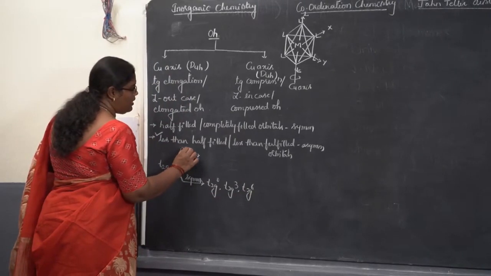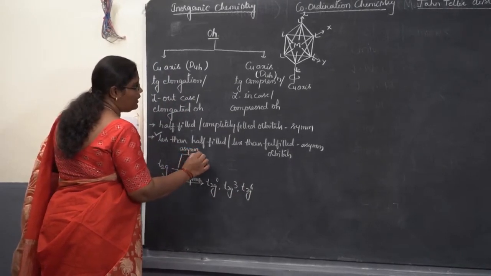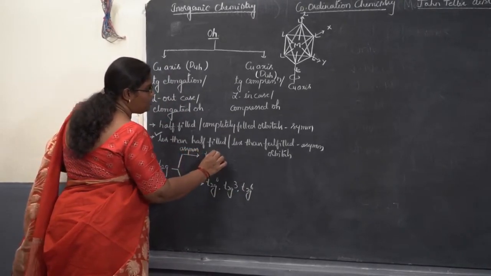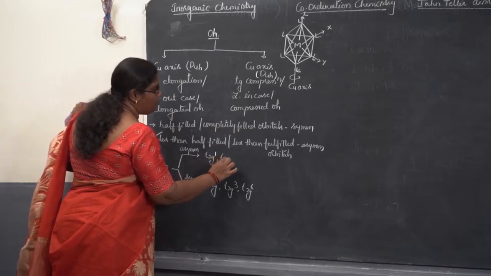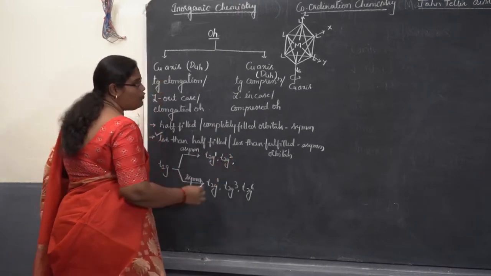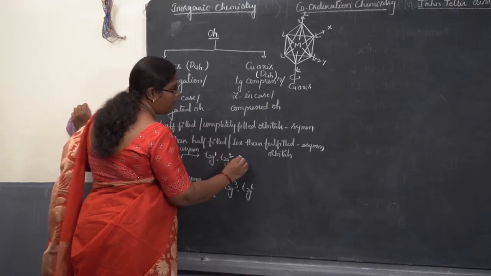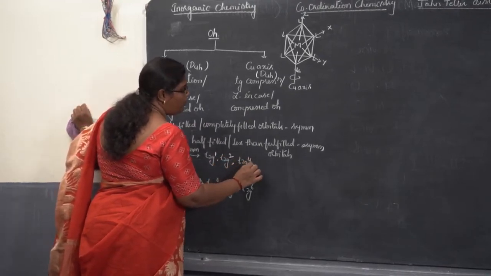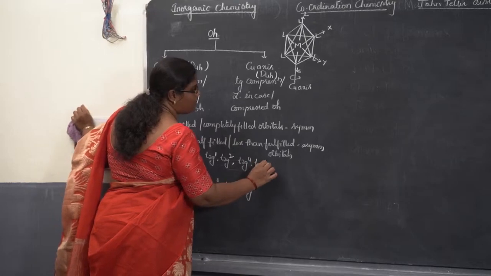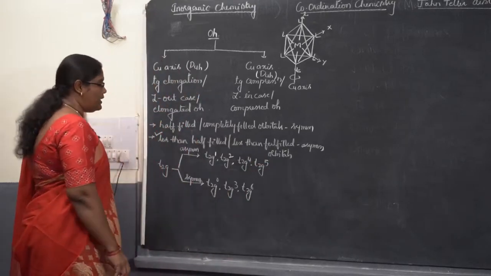And the asymmetric configurations are less than half filled, t2g1, t2g2, and less than full filled, t2g4, t2g5.